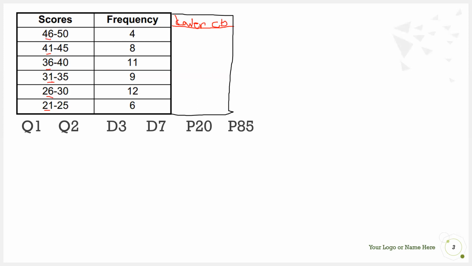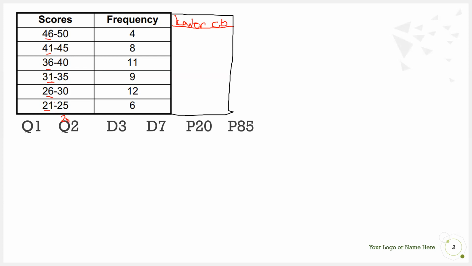The lower boundaries ay technically the midpoint between the upper limit of the lower class and the lower limit of the class. Technically, yung 21, sa baba nito may 20.